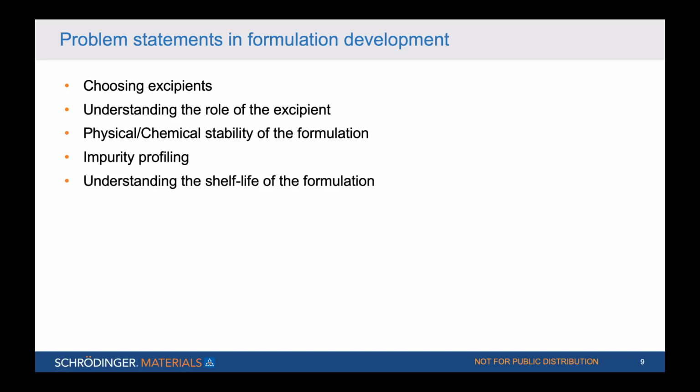How do you know what impurities come out, in what concentration, and how long it would take for them to accumulate in a noticeable quantity? These are the problems. But before we go to that part, we have to understand what kind of impurities can come out of this formulation, and whether these impurities are going to be hazardous or not. That has to be understood. That's called impurity profiling.